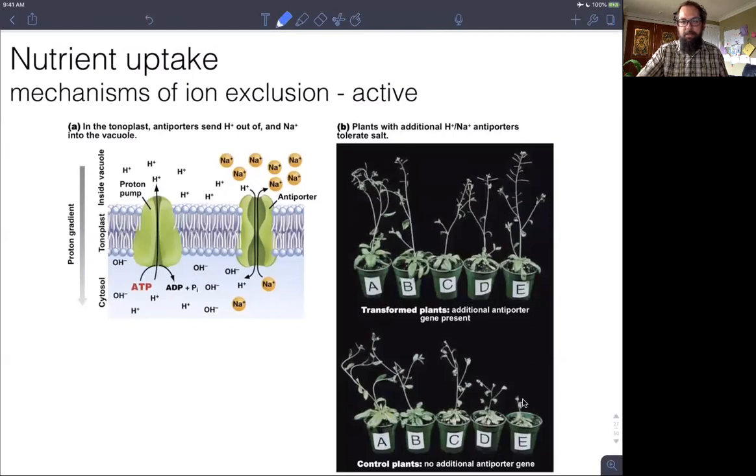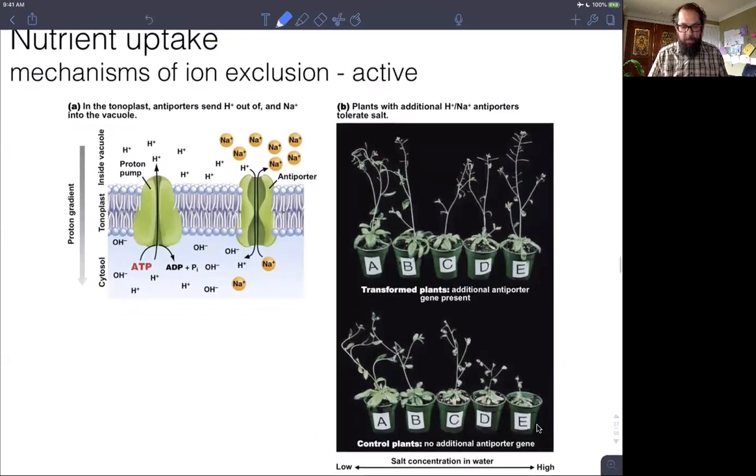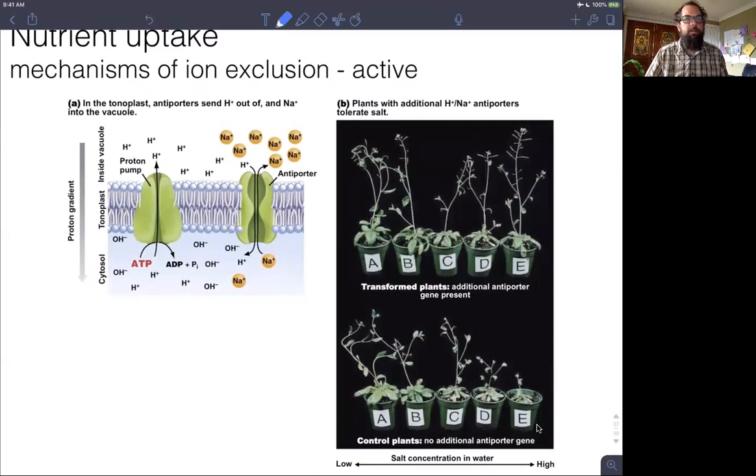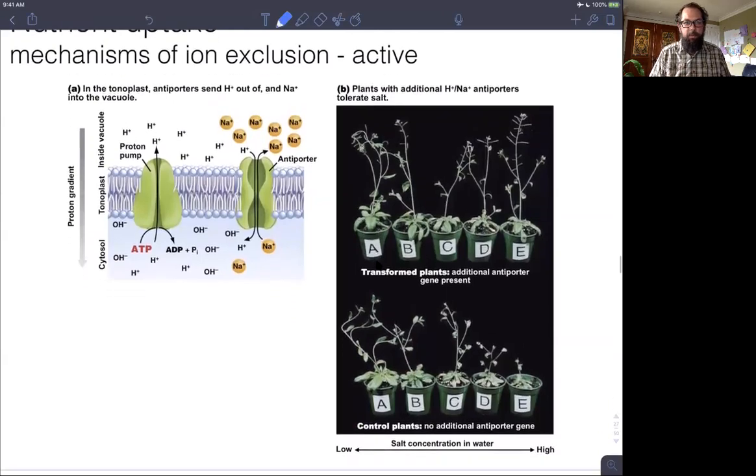So as that salt concentration increased, the plants are doing poorer, and that's because they're not able to handle that much salt and sequester it into the tonoplast or into the vacuole without having more of those antiporter proteins made. Okay, so those are both a passive and a couple of active mechanisms for excluding certain ions. We'll just leave that at that.